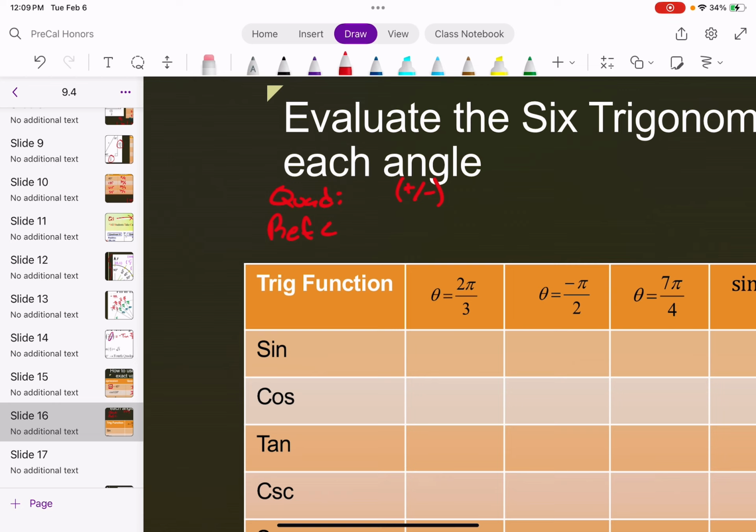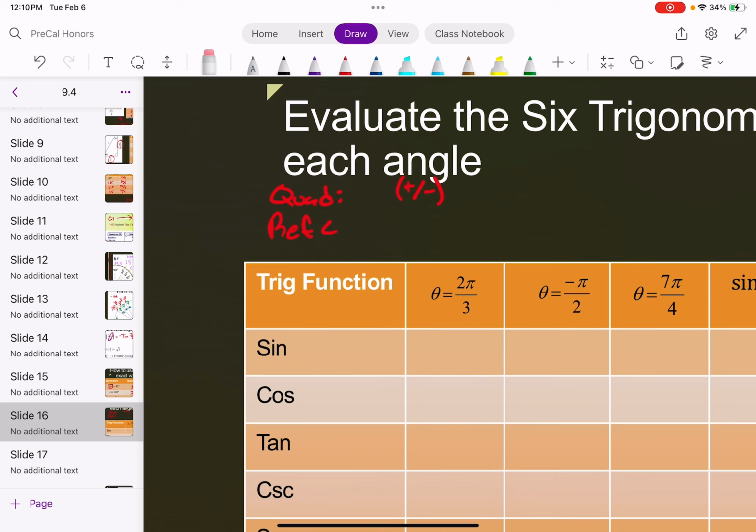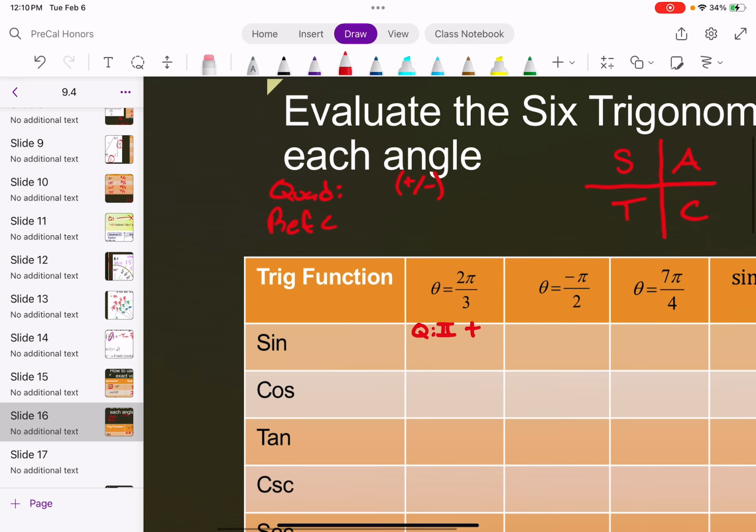So let's start off with 2 pi over 3. First thing would be, what quadrant would 2 pi over 3 be? And that would be quadrant 2. Now, remember, all students take calculus. We know that in quadrant 2, our sine is positive. Now our reference angle would be pi over 3.